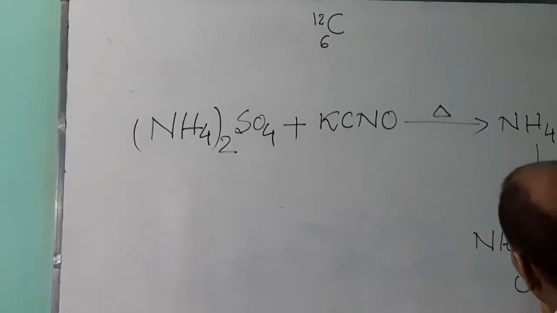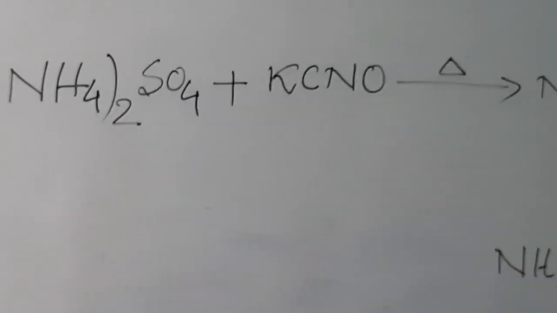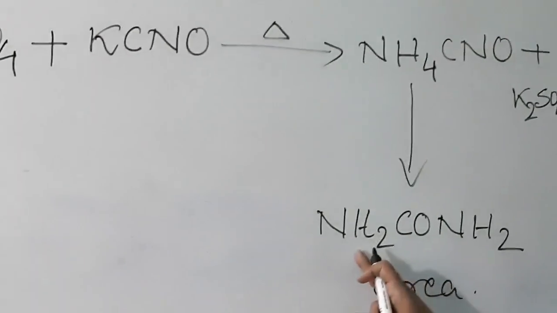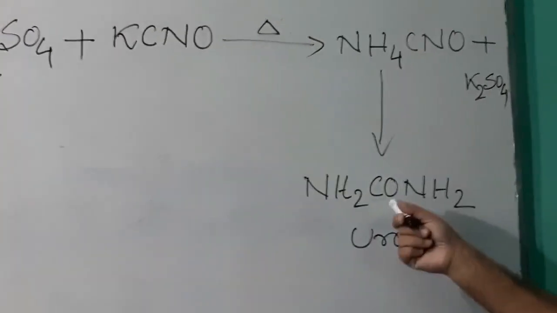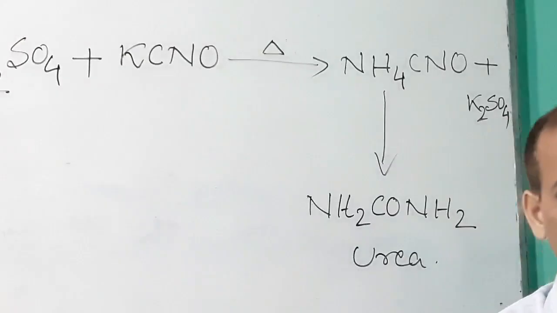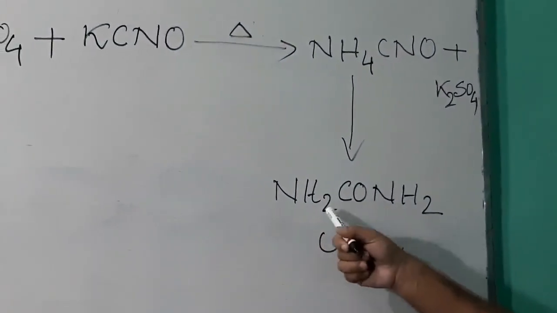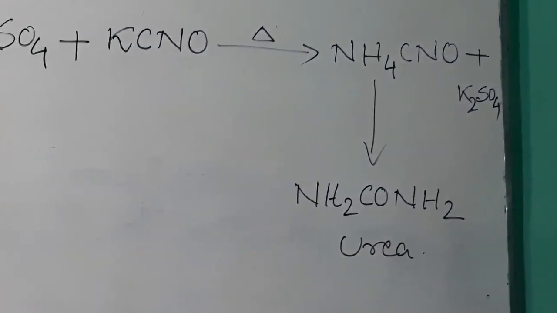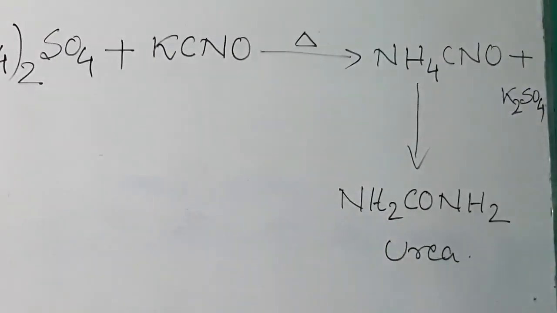It is called urea. This compound is organic in nature. It is found in the urine of mammals.